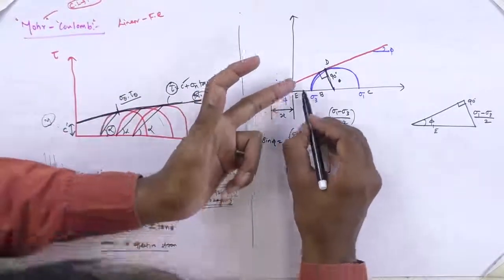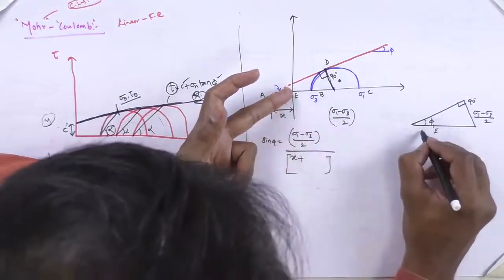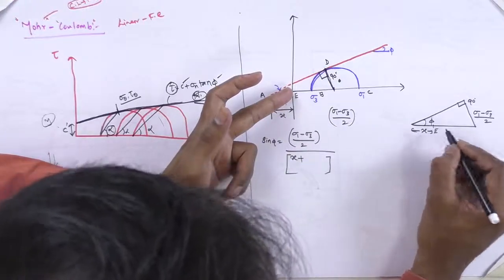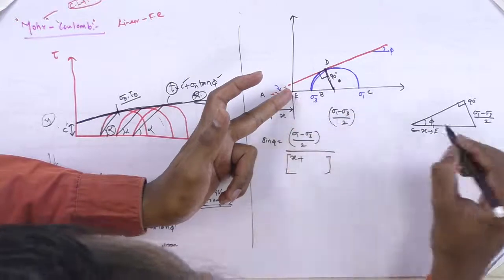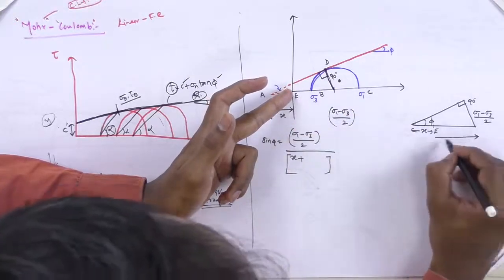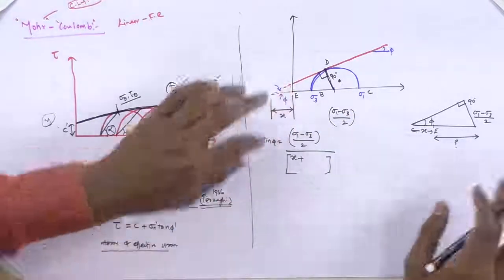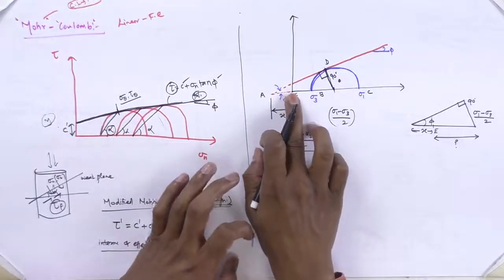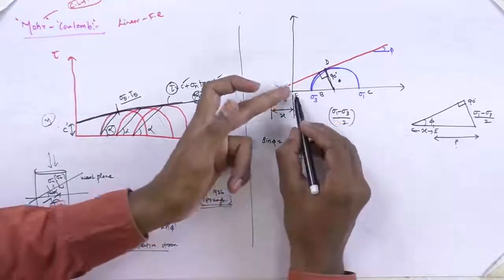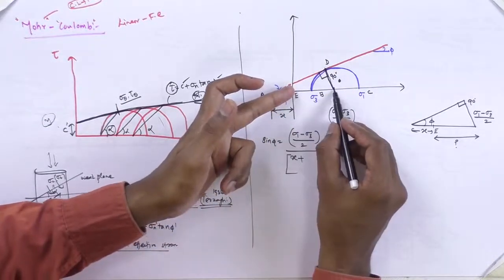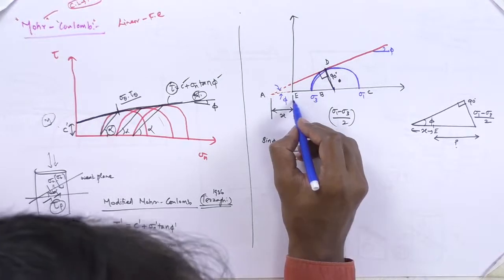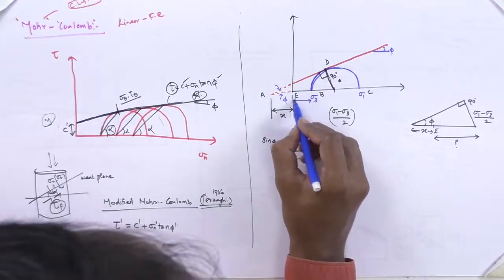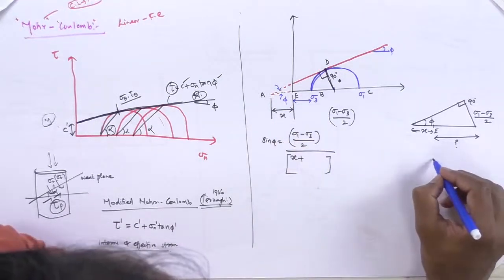Let us say x value, and what is the distance? So this is x up to E, and what is this value leading up to the center? That is also unknown. So how to find this distance between E and the center of the circle? From this line to this line, we know that it is sigma 3.